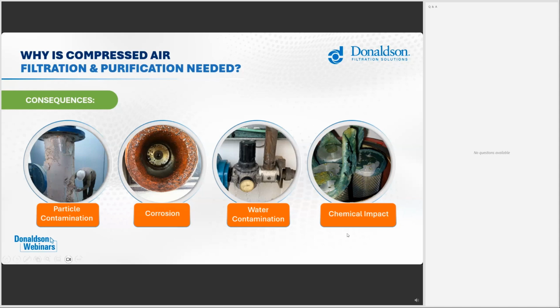And last but not least, chemical impacts. These are some filter elements in the filter housing, and you see there's a drainage layer around the filter elements, and that has been completely damaged by a chemical impact, so that the filter as such is more or less useless in the end.